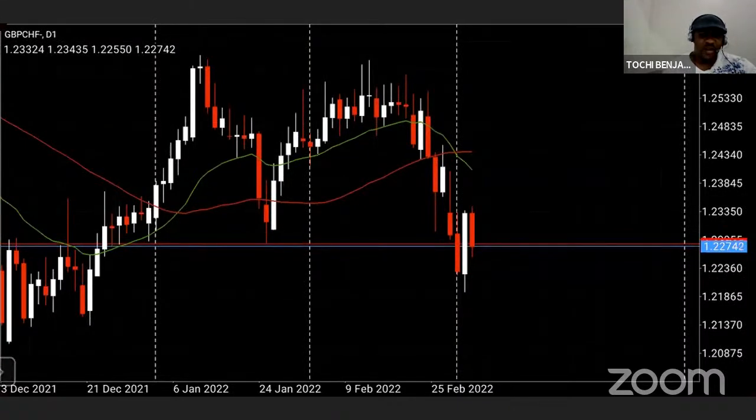If it touches the moving average and did not break above, then you should engage yourself. And when the bullish candlestick has come to touch this moving average, that is where you can go to a lower time frame and start looking for opportunity to sell.